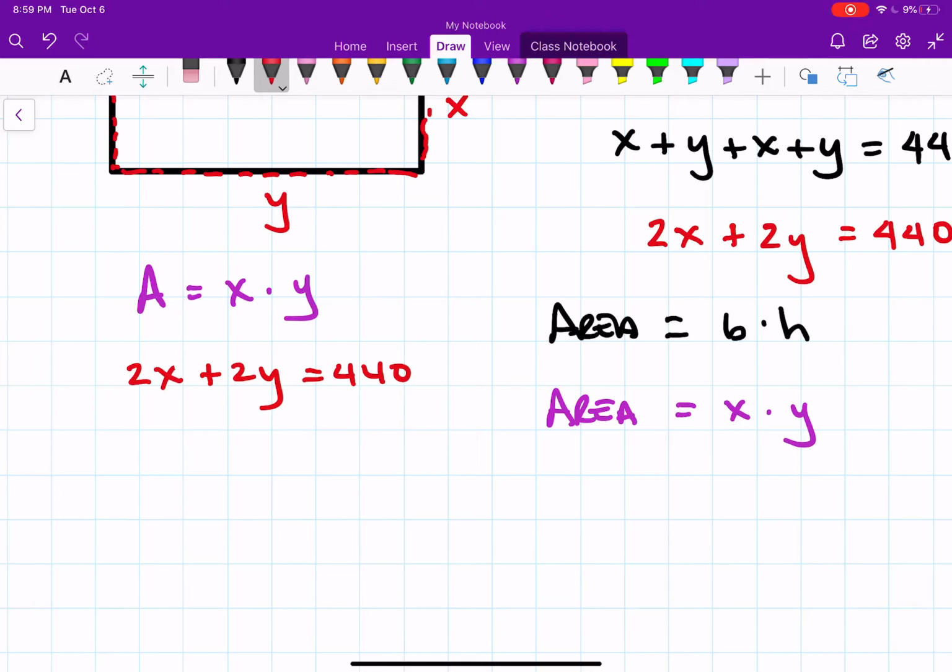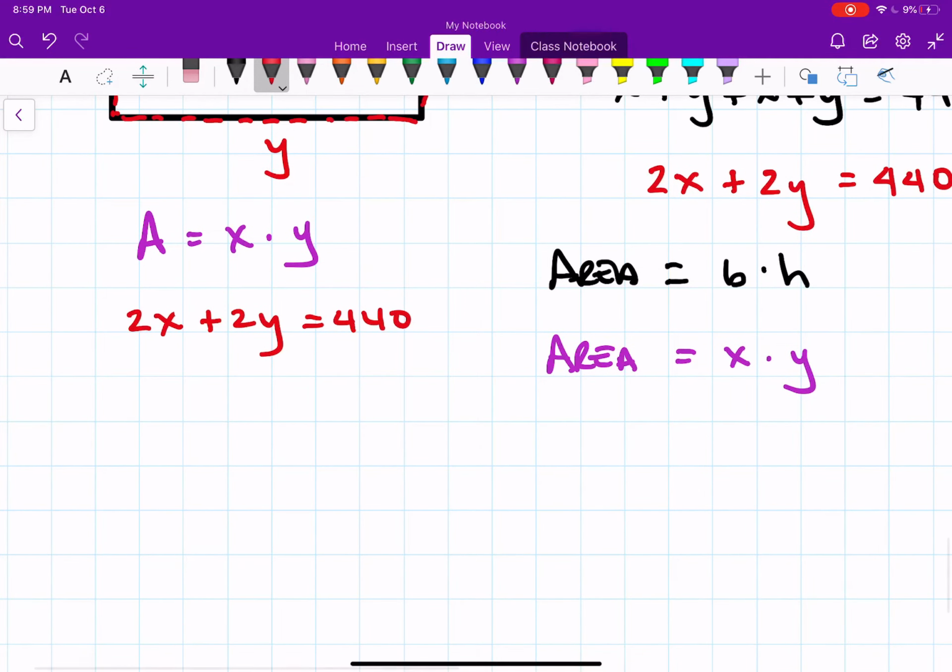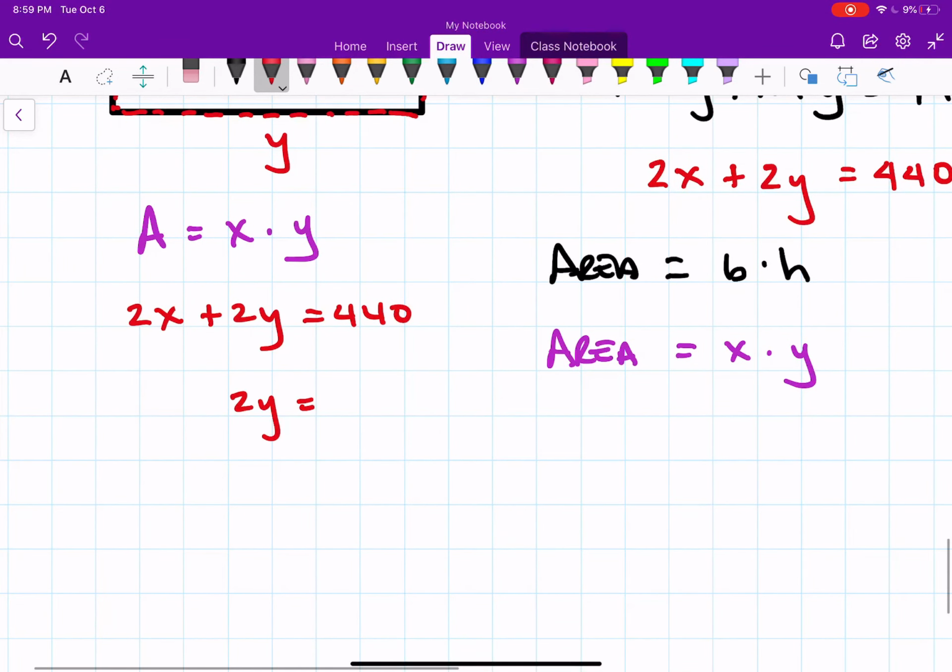So since the y is at the end, I'm going to just solve for y. So I have 2y is equal to 440 minus 2x. All right, I would do it the other way. Negative 2x plus 440. So y is equal to negative x plus 220.